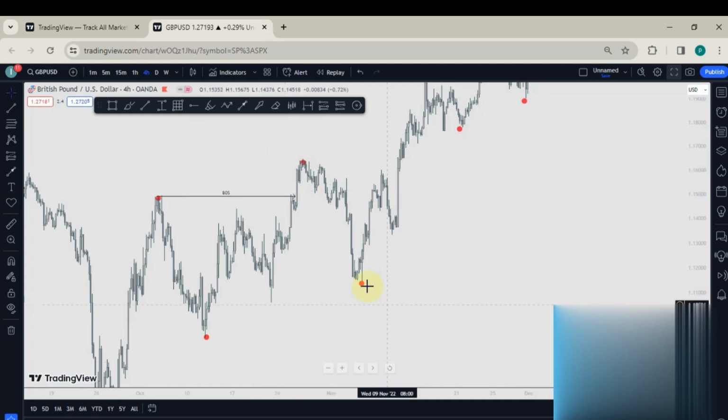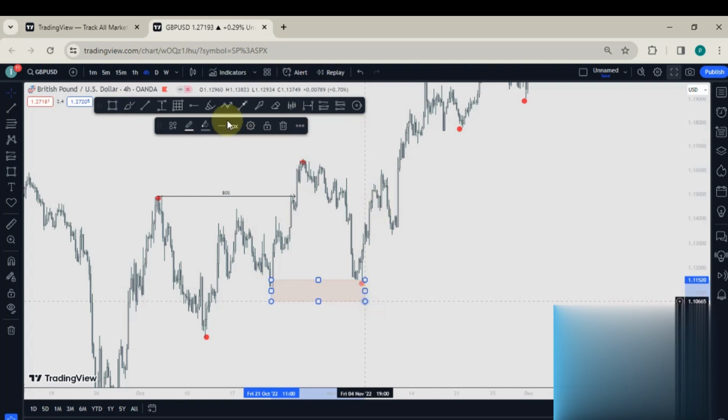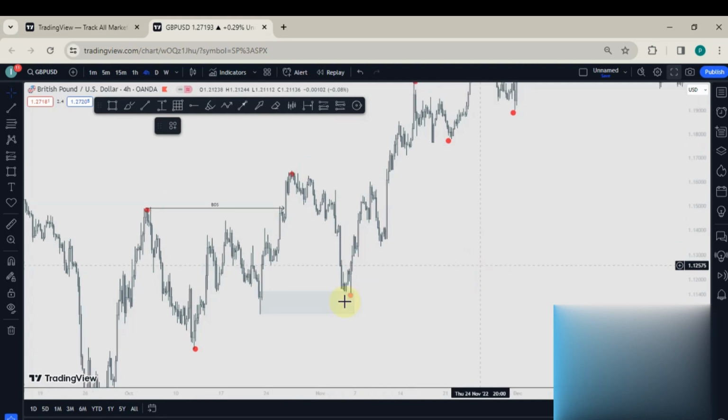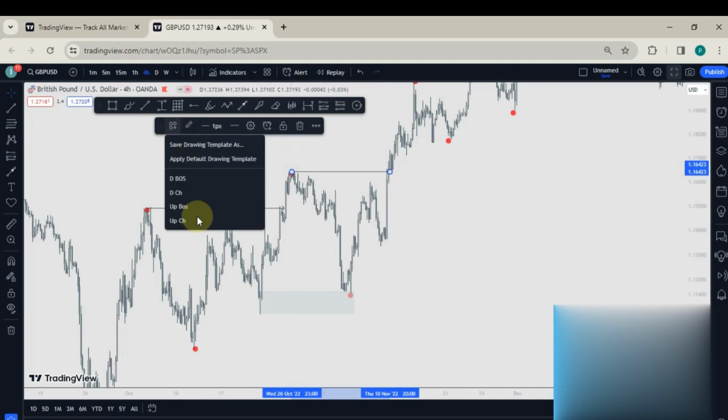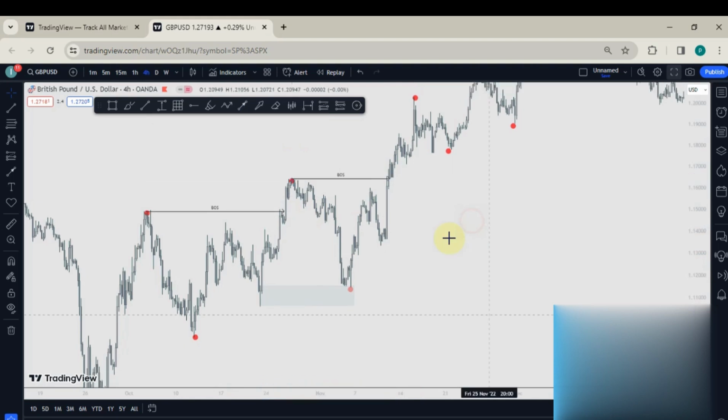This lower low here reacted from this demand, and after this lower low breaks this higher high, what happens? It creates an up BOS, which is a break of structure.